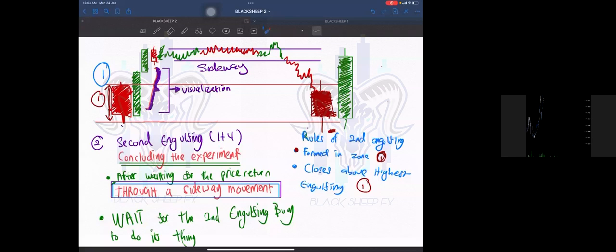No, my question is, why does this need to happen before the second engulfing has to happen? Market correction, play with information, to cool off. Okay, Clinton. I want to ask Clinton because he said to let the market cool off. What do you mean by the market cooling off? What do you mean by that?